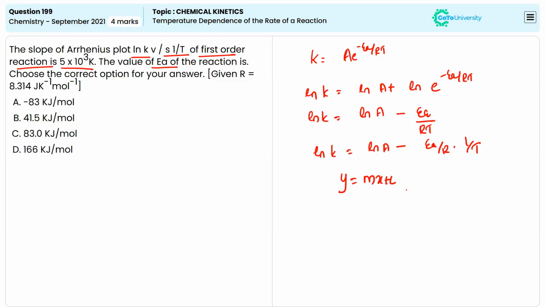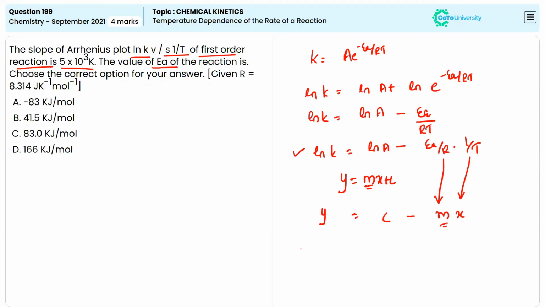Comparing with the obtained equation, y is ln K, ln A is the c, and minus Ea by R is m, with x being 1/T. Here it is a negative slope, that is the difference. So the slope is minus Ea by R.